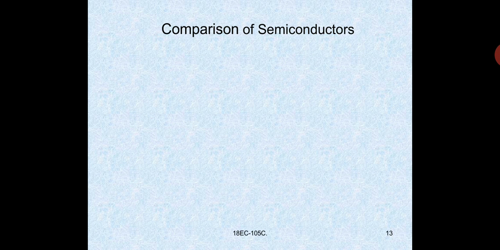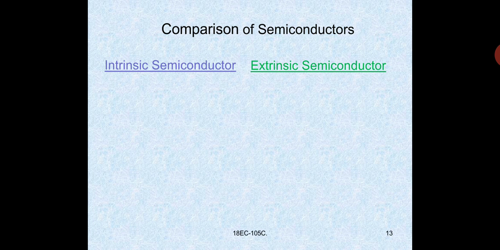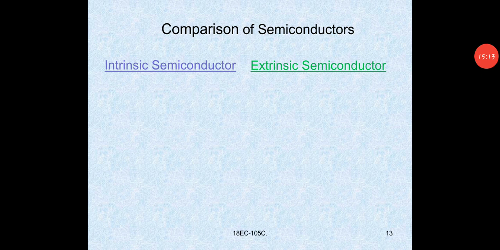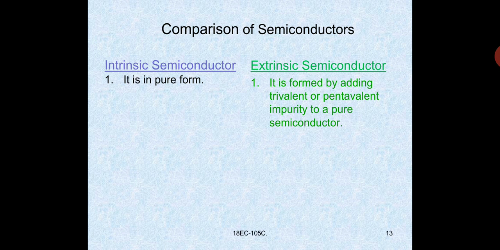Now let us see the comparison of semiconductors. What are the two types we have? They are intrinsic semiconductor and extrinsic semiconductor. We know that an intrinsic semiconductor is in a pure form. What about extrinsic?